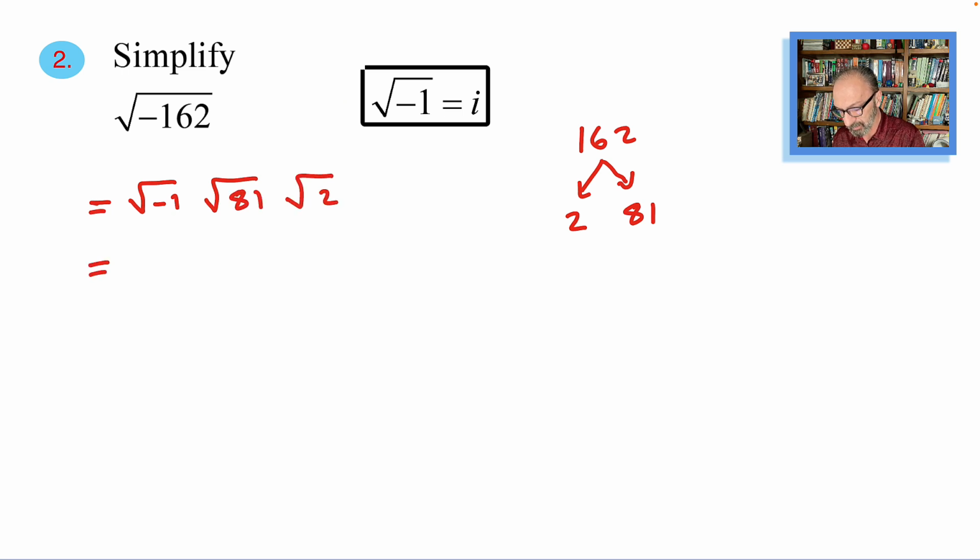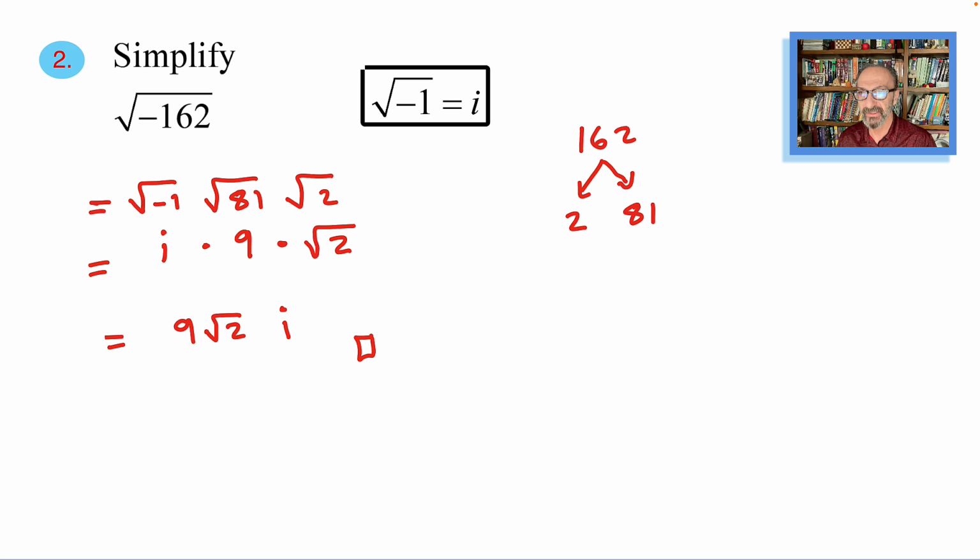The first part is i, the second part is 9, and the last part is irrational, so we keep it. To simplify it, we could write i at the end. So we have 9 square root of 2 times i. And that should do it. That's number 2.